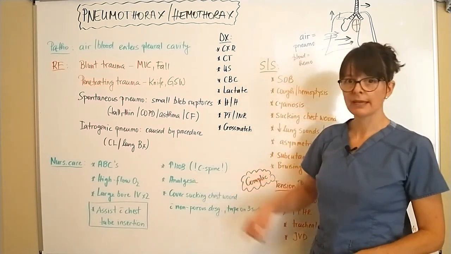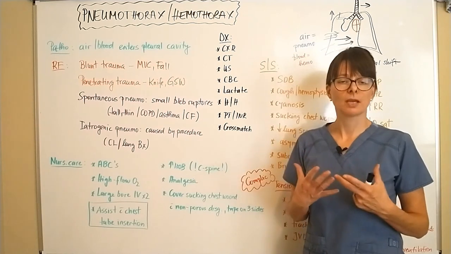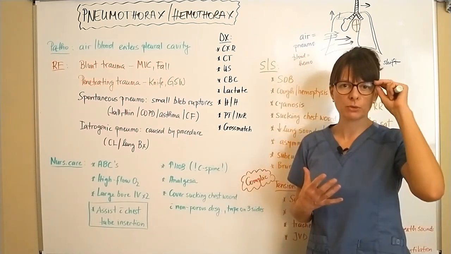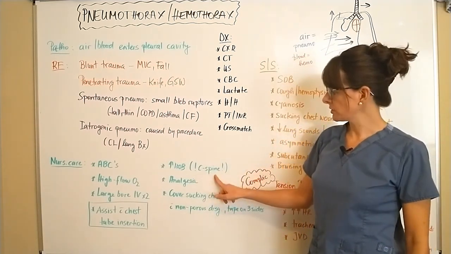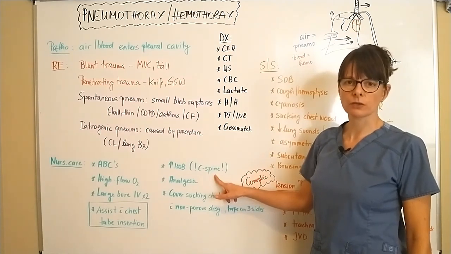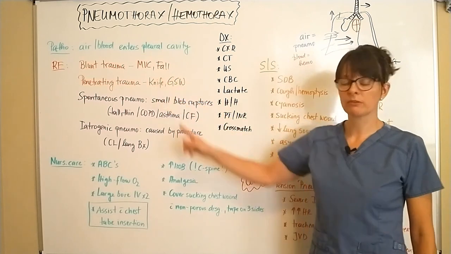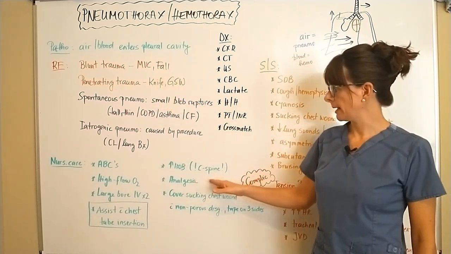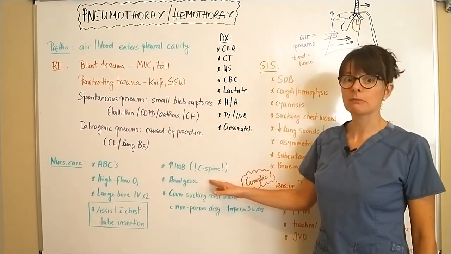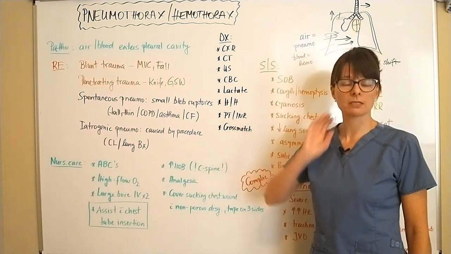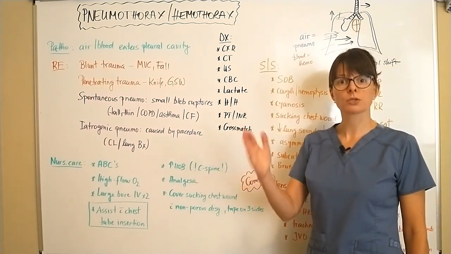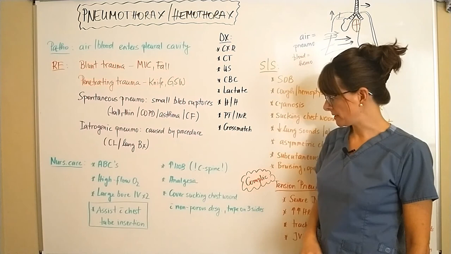We want to elevate the head of the bed to facilitate better air movement and breathing. However, if there is a concern regarding a cervical spine injury, if this was from a fall or motor vehicle crash, we want to be very careful about elevating the head of the bed, and maybe not do that, because we don't want to make any cervical spine injuries worse by elevating the head of the bed.